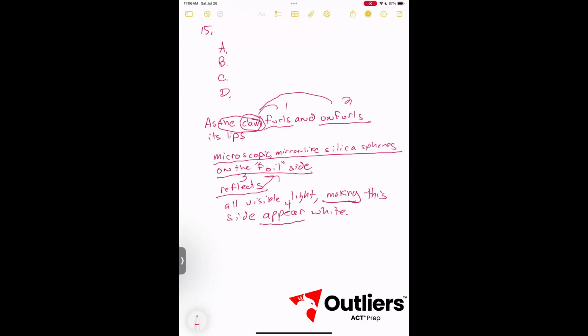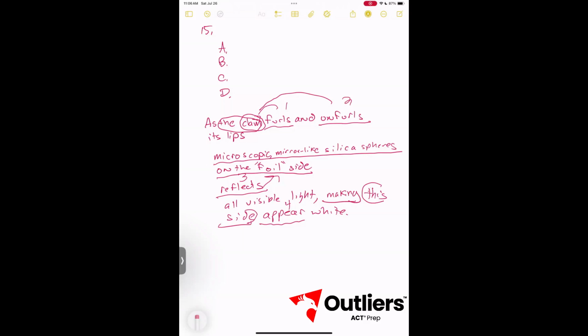And what the ACT loves to do is make these subjects really long so that it is harder to recognize. But the better you get at doing so, the easier these questions are going to be. And then appear, this side is essentially the subject of appear.